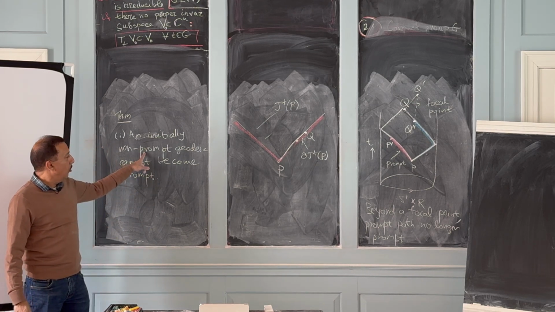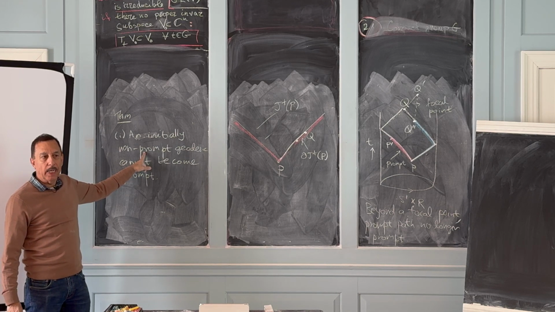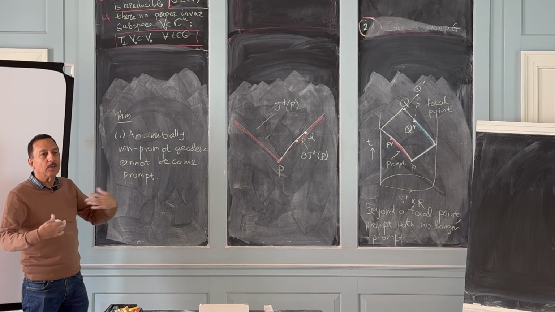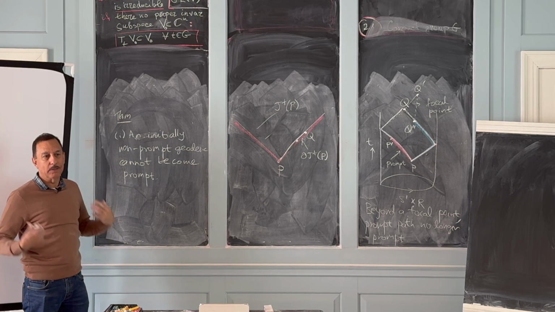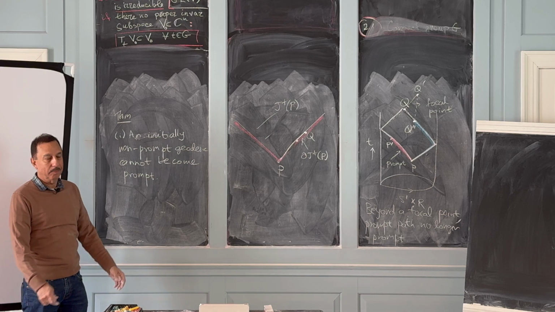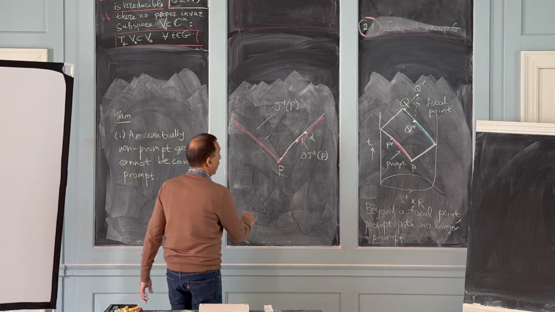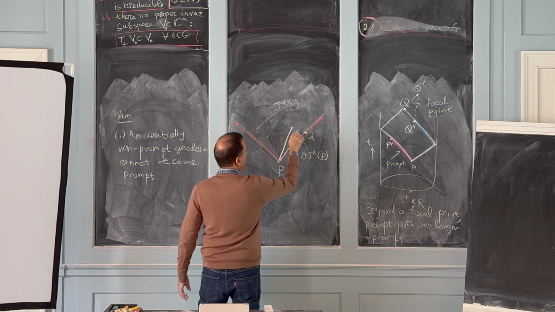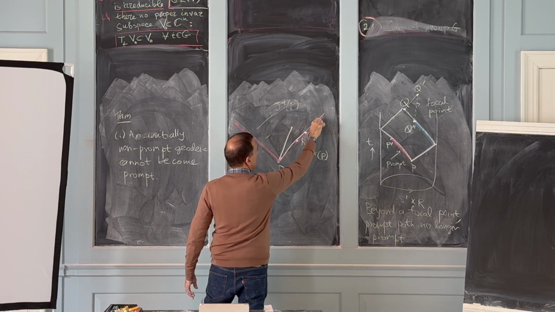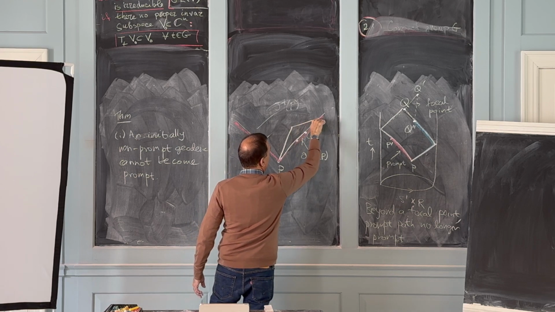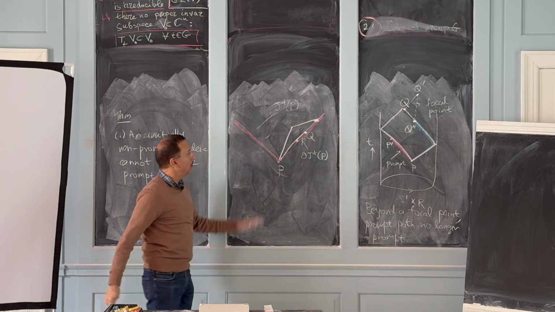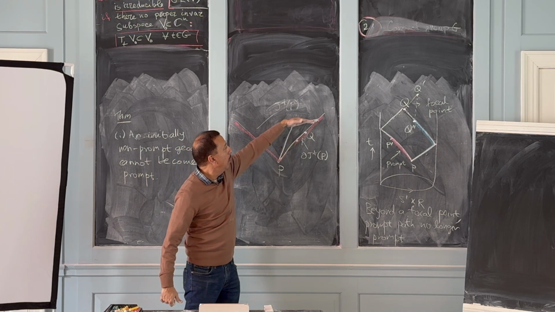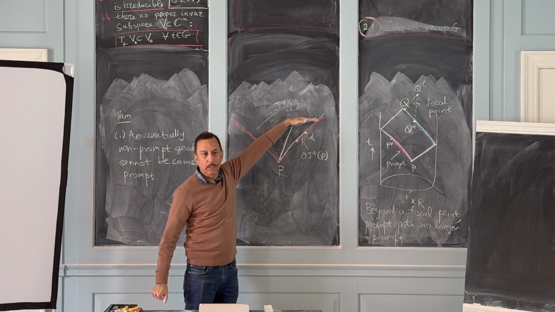If I'm lazy and I'm not traveling at the speed of light for a while, and then I suddenly become enthusiastic and try to speed up, I'm never going to match another person who was traveling at the speed of light from the beginning. And so that in a diagram is basically, this is my non-prompt path, and I'm trying to become prompt, which means that I want to reach a point here, and that's hopeless because the only way I can reach that path, having been non-prompt for a while, is to suddenly speed up.